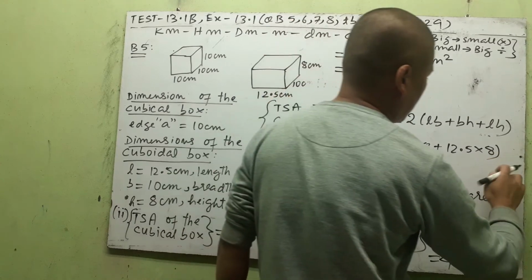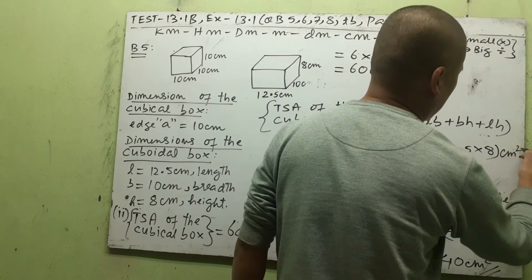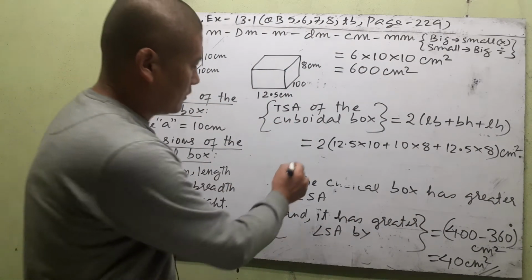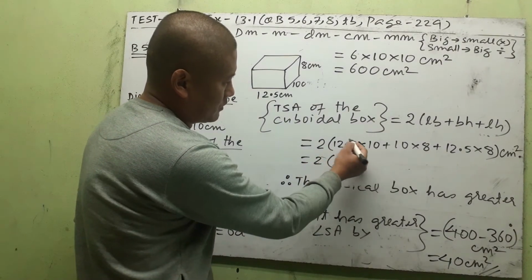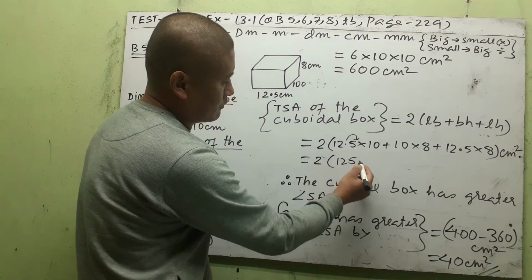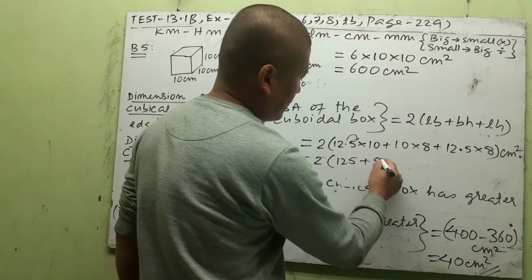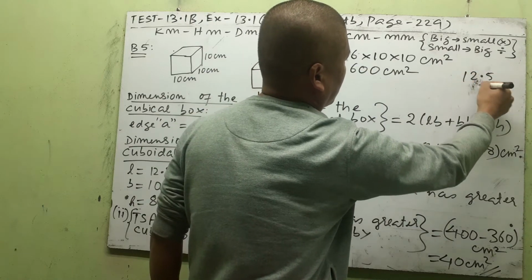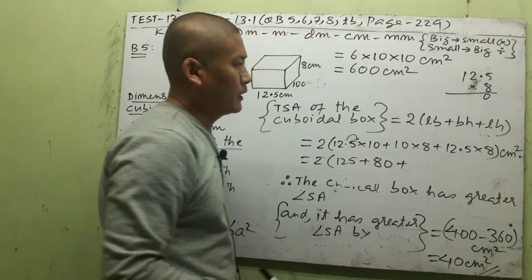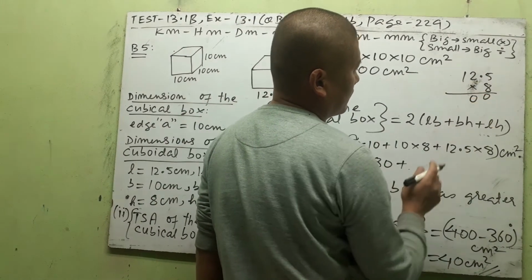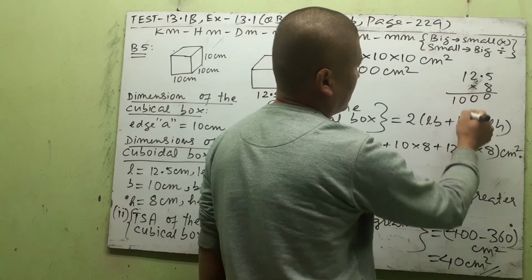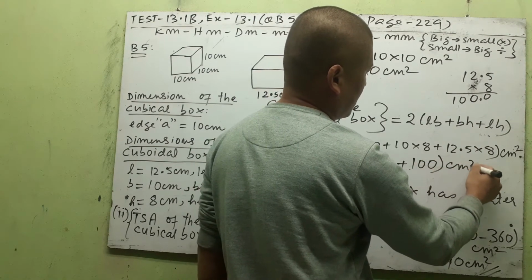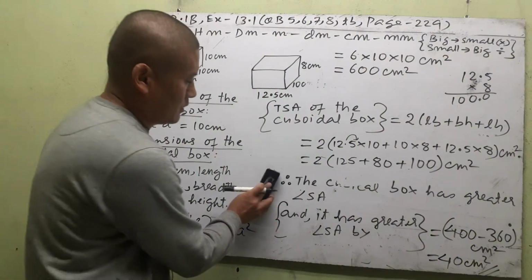And instead of putting it here and there, just put centimeter square once at the back. That's enough, because it's area, total surface area. Slowly let's do 2, 1, 0, push this to the right, so no more decimal, 125. 10 into 8 is 80, and 12.5 multiplied by 8: 8 5s are 40, 4 in hand, 8 2s are 16 plus 4, 20, 2 in hand, 8 1s are 8, 9, 10. One decimal, so this 100.0 means 100 only. So next, quite simple I think.